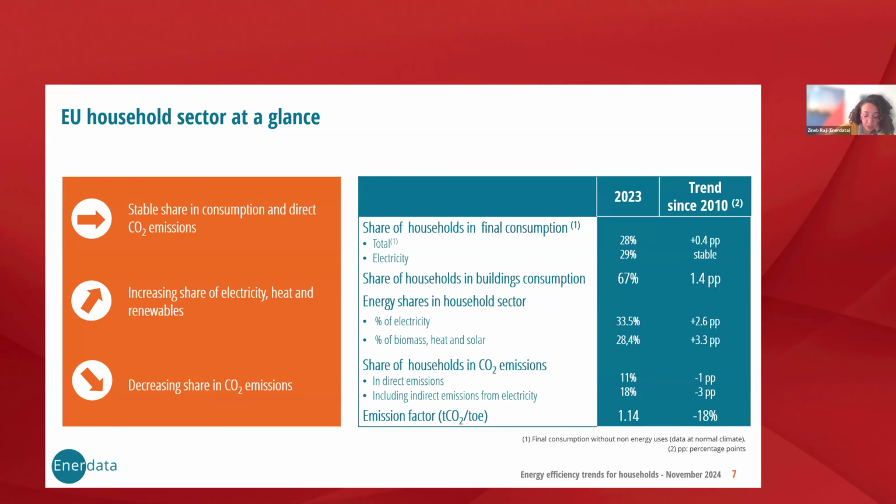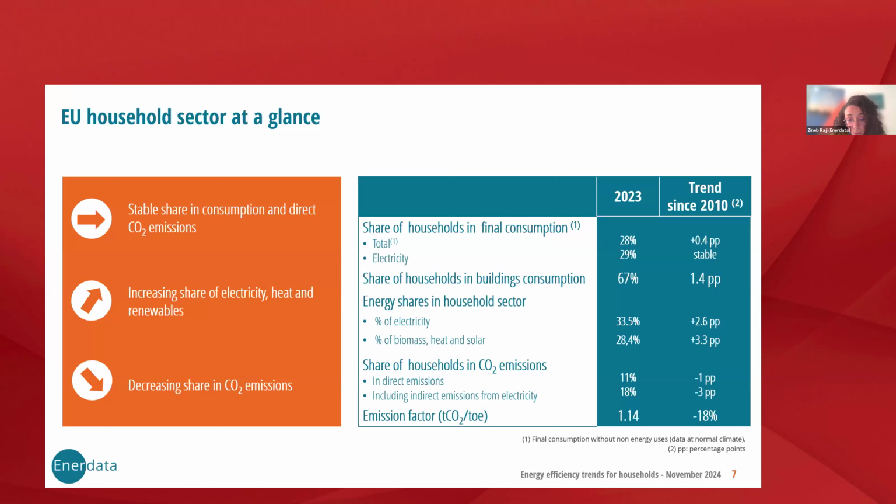So to start, we will look at a few macro indicators for the sector, which you can see on the table on the right side of the slide. The data indicates a stable share of the sector in the total electricity consumption, as well as in CO2 direct emissions.